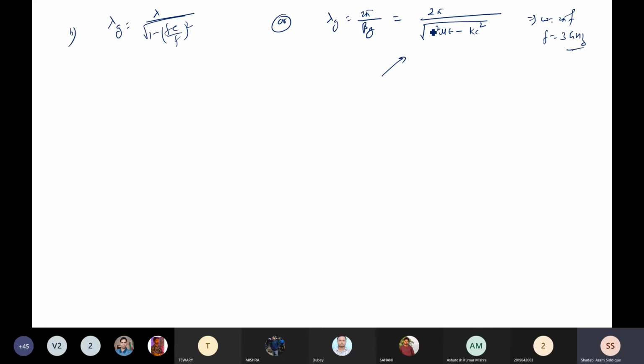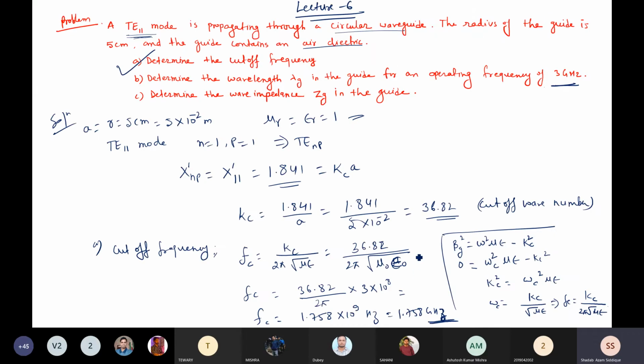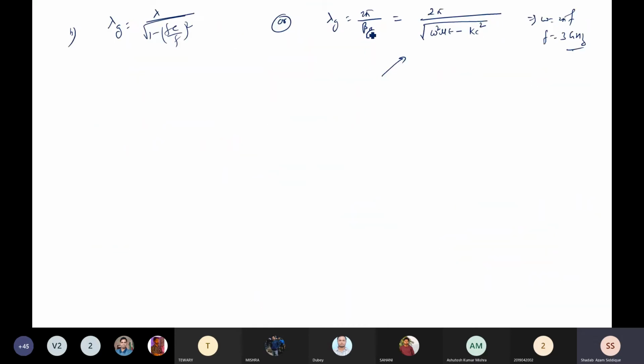So you can use this in this equation. Already you know 2 pi, and mu naught is 4 pi into 10 to the minus 7, and epsilon naught is 8.854 into 10 to the minus 12 Farad per meter, and kc you have already found, 36.82.